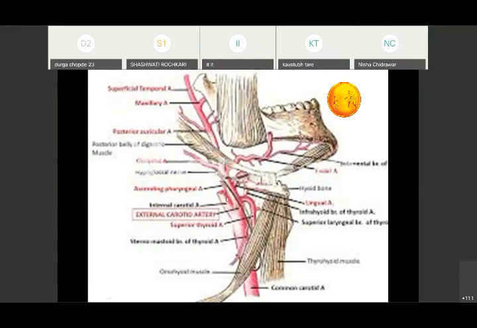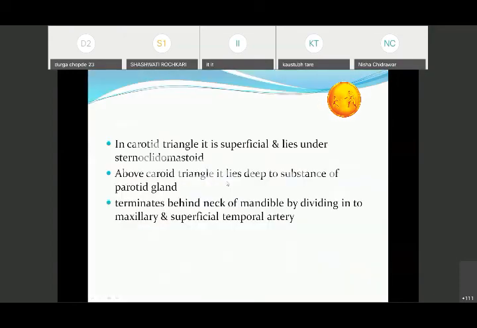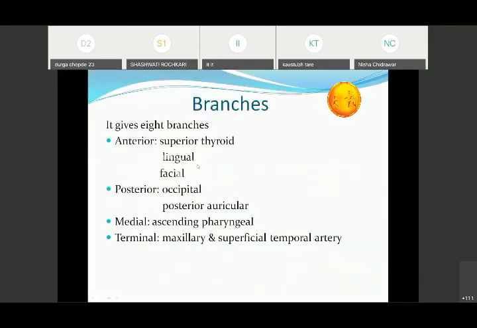So in this figure you can appreciate this is the external carotid artery. This is the internal carotid artery. The external carotid artery is superficial, and here it gives different branches. There are 8 branches of this external carotid artery. We'll see them.